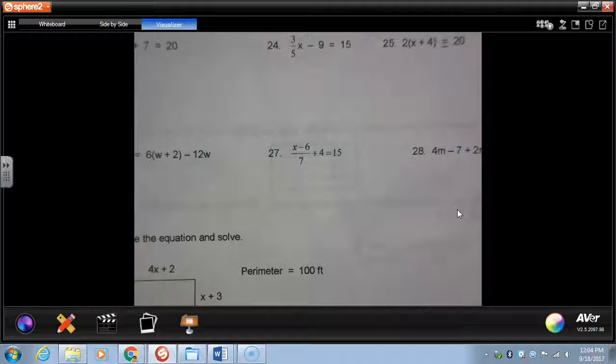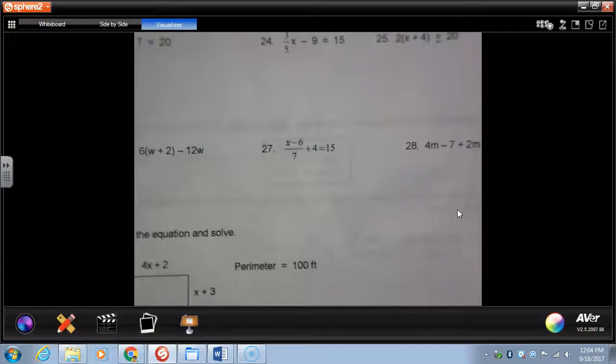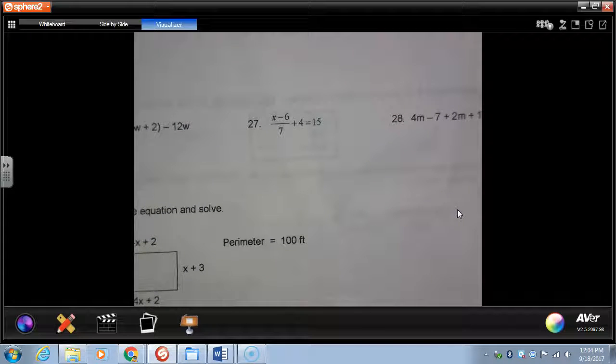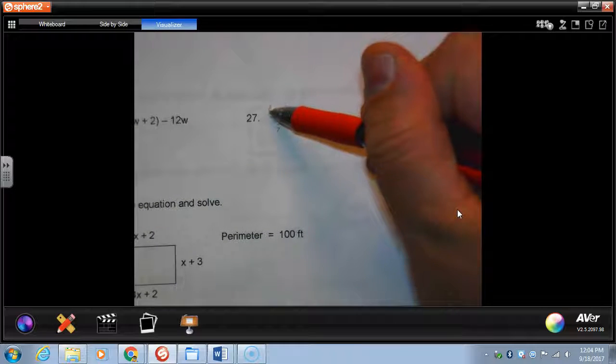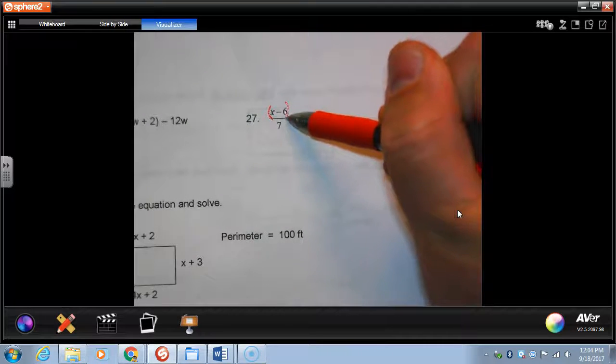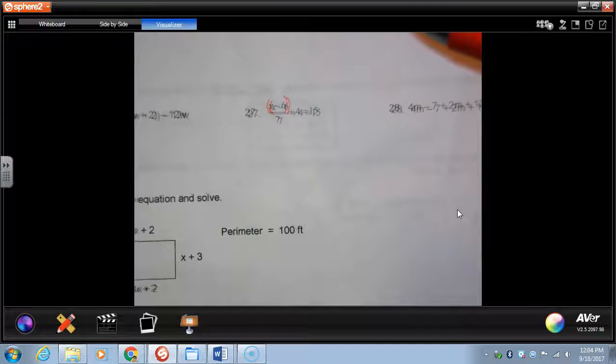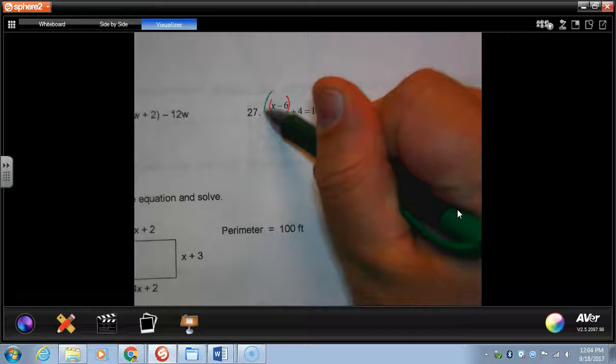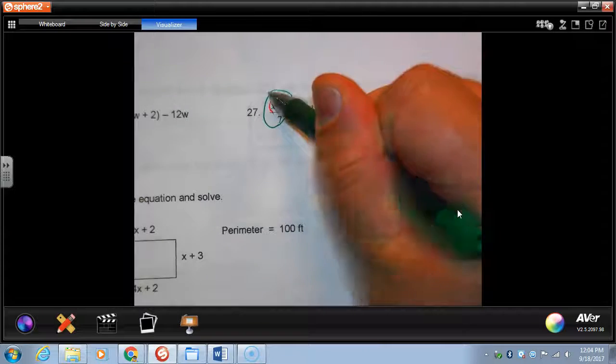How about 27? First of all, my x is locked in this numerator and that fraction. I can't even get to that until I isolate this fractional term.